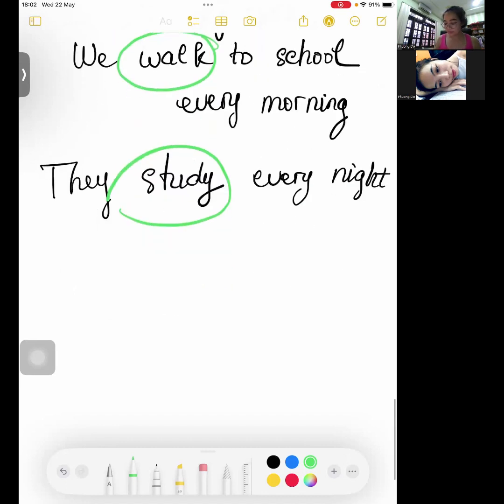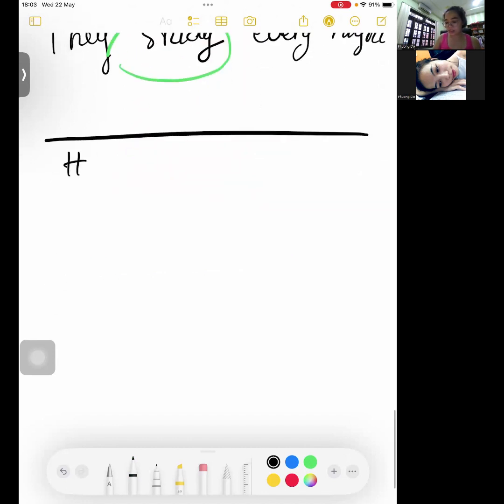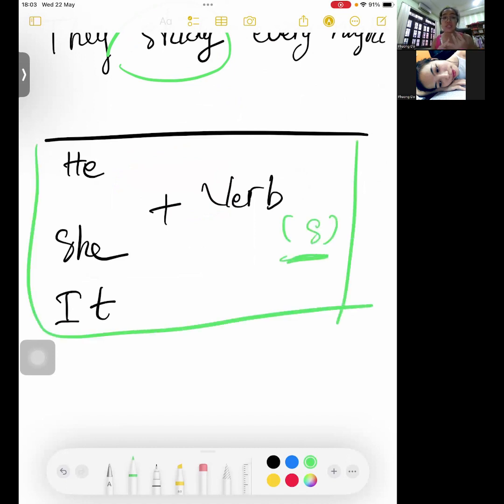Okay, so now let's look at the example. He, she, it. The rest of the pronouns we will use the verb with s. Okay, remember, this is the structure. He, she, it will go with the verb with s.